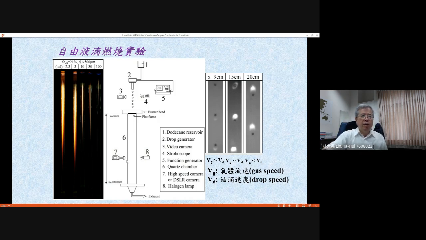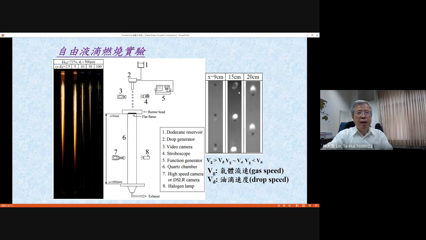Initially, they may have a small velocity compared with the gas speed, but later on, they will catch up with the velocity of the gas flow. When they are very similar, if you do not have too much difference between gas speed and droplet speed, that means they do not have a relative velocity acting on the droplet. Then the droplets will not be influenced by the flow convection, right?